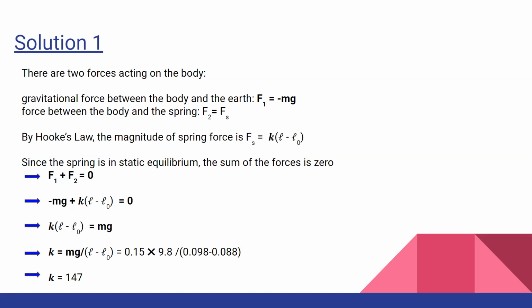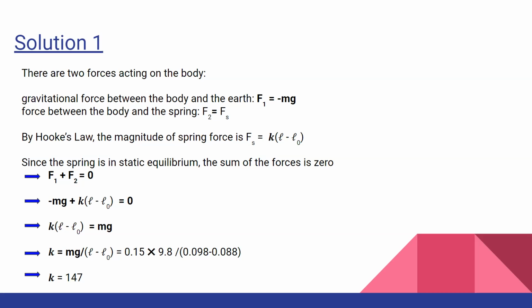We were already given the equilibrium length, 0.088, and we also have a final length of the spring, which is 0.098 meters. So this change in length, L final minus L initial, will be your x value for Hooke's law. Then you multiply this by k. This will give the force exerted by the spring.